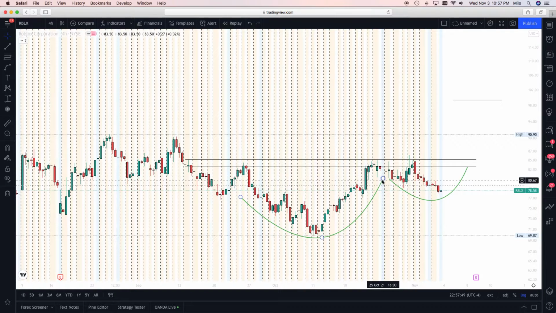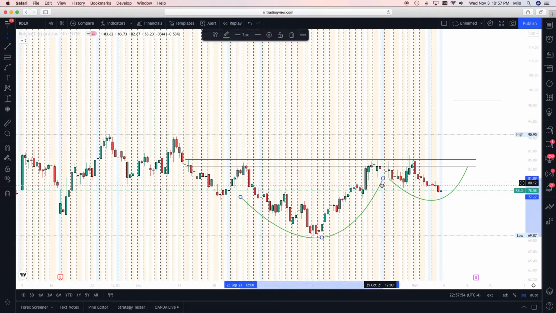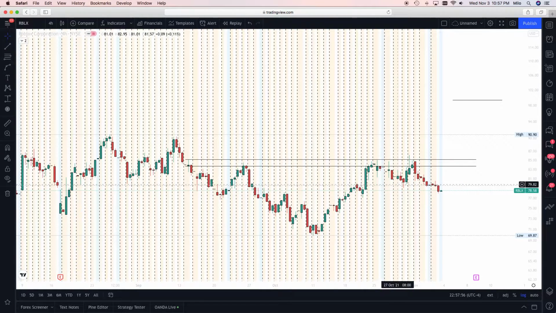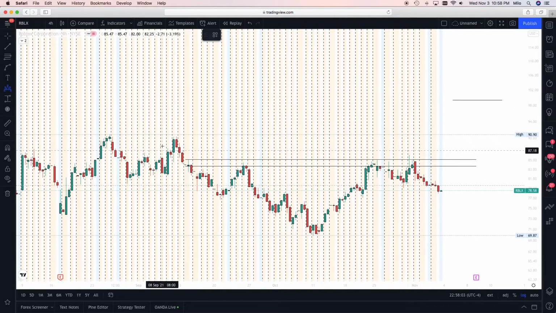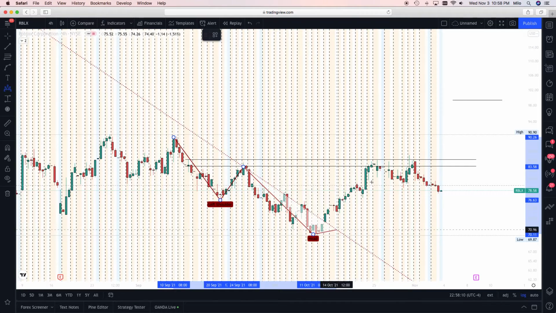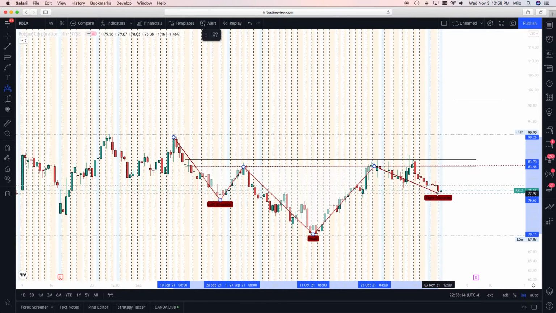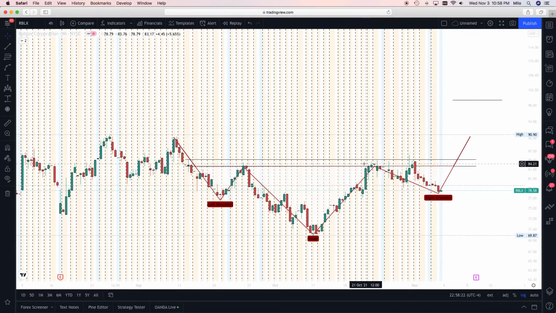But one of the things I did notice was that instead of a cup and handle, what I spotted was a nicely formed head and shoulders. All right.